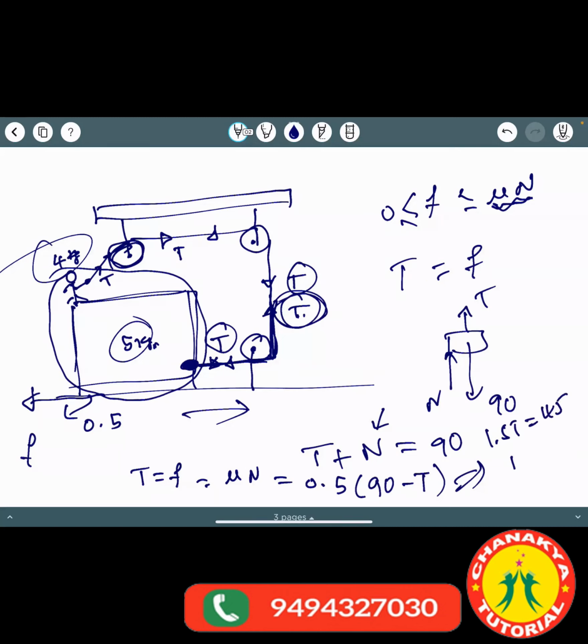So from here you get T is equal to 30. This much force you have to apply. Good question. Clear? Should not miss this tension. Yes, sir.